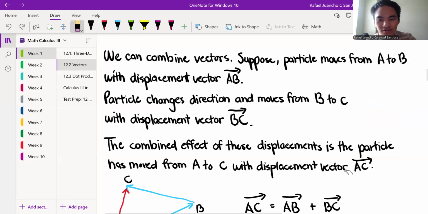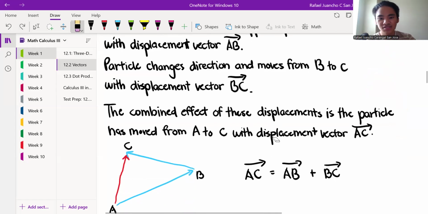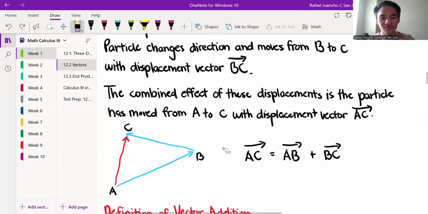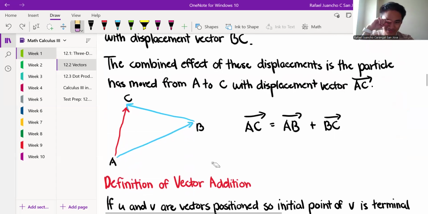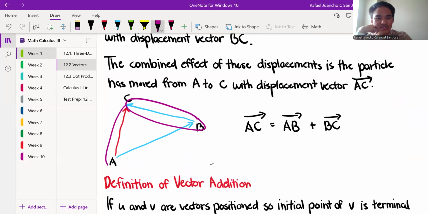And the combined effect of these displacements is the particle has moved from A to C with a displacement vector AC. And now we have this thing where we add AB and BC is AC, right?